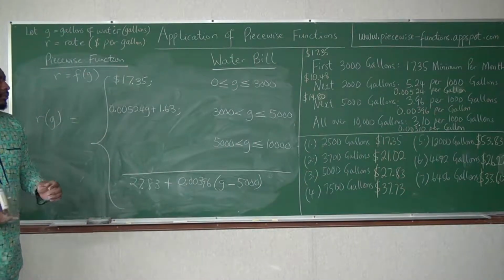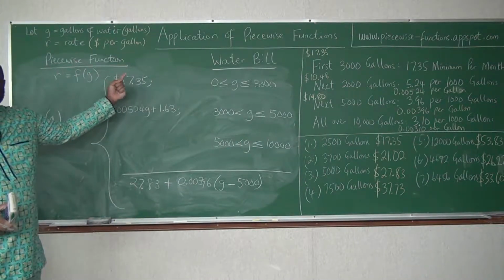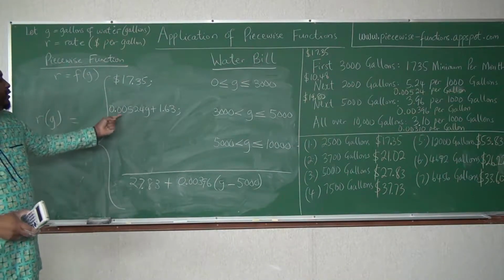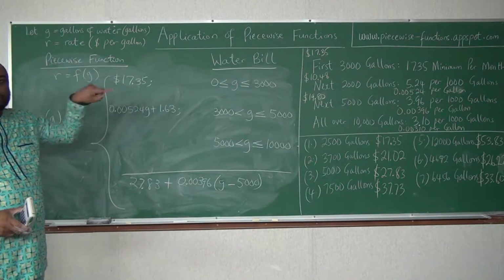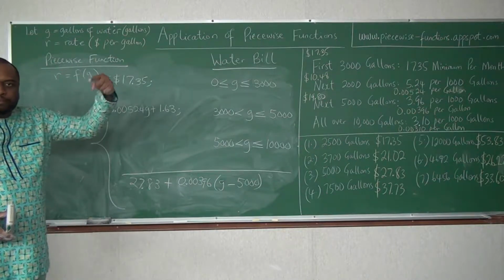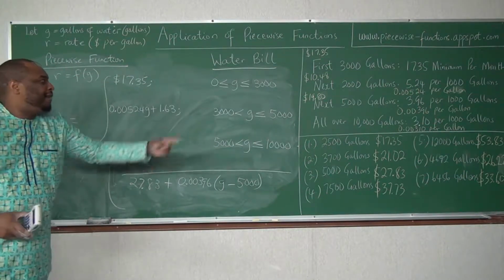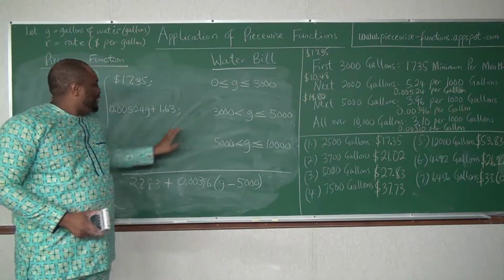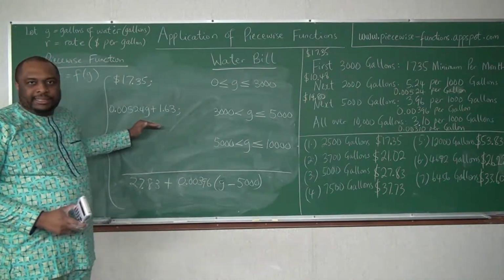So remember how we did this. You must pay $17.35 first, then plus 0.00524 times any gallon over 3,000. Then that was how we got this.